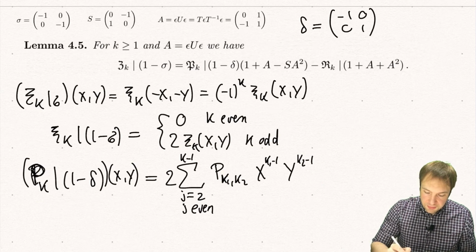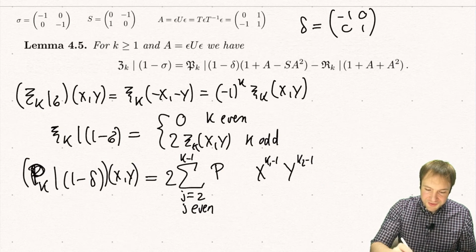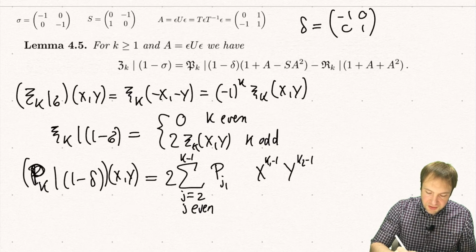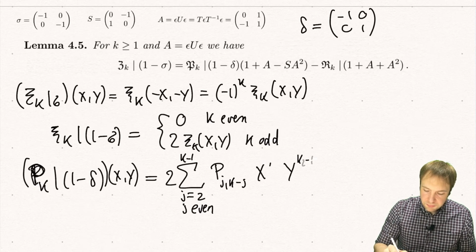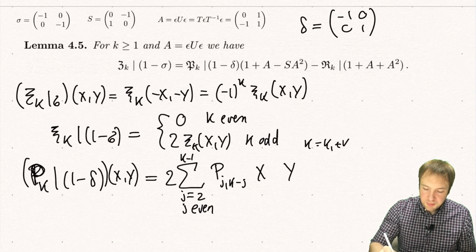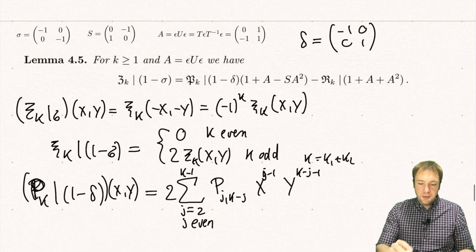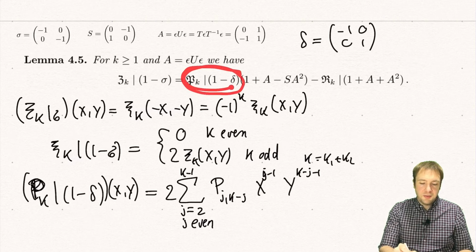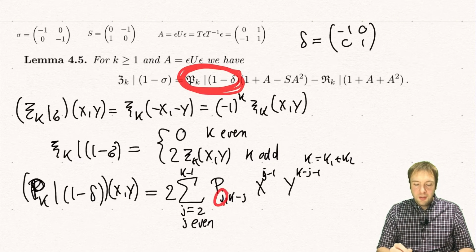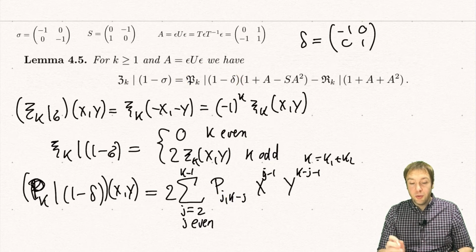And of course here this is j and k minus j, where k is the sum of k1 plus k2. So this part here is basically just these p k1, k2, where the first one, this k1, is even.